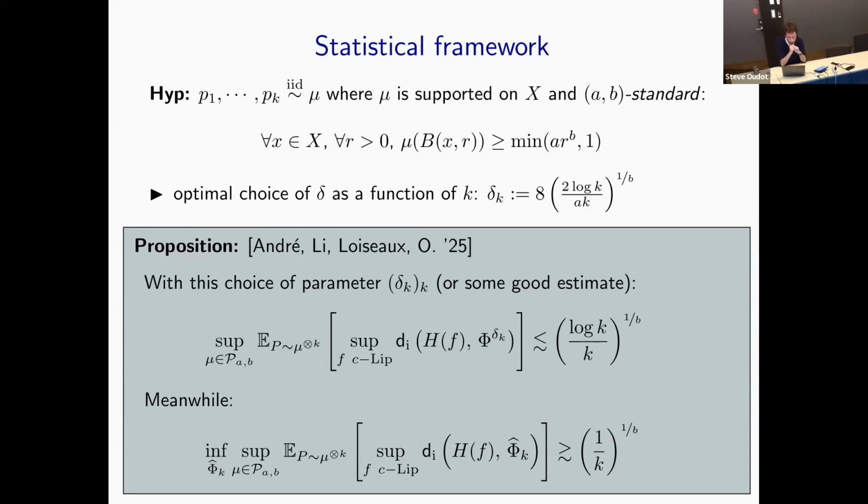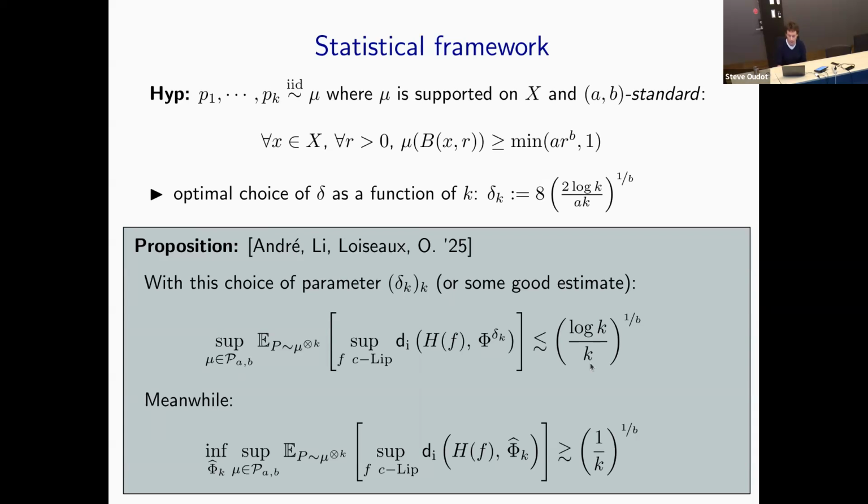Okay. And meanwhile, you can also show that any reasonable estimator that you could build from your point cloud would have a convergence speed that would not be better than 1 over K to the power of 1 over B. Okay, so of course there is a gap between the two, but it's not big.